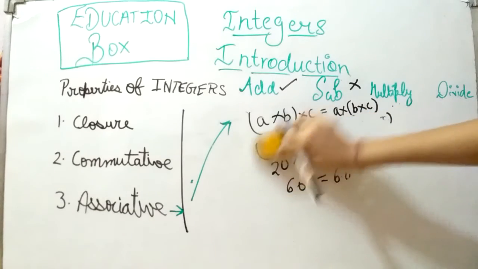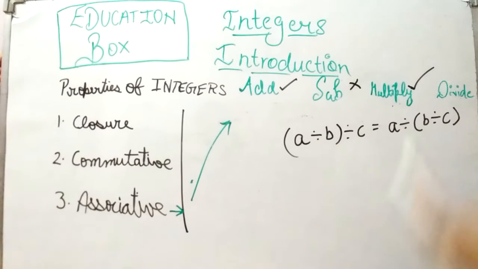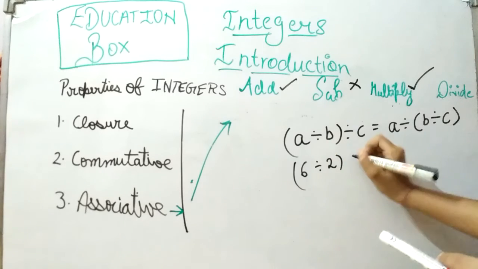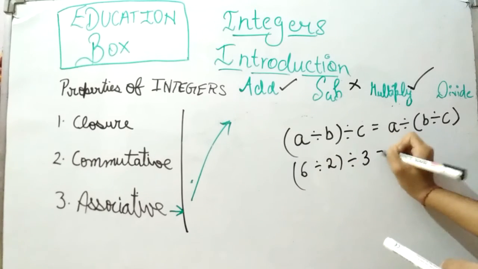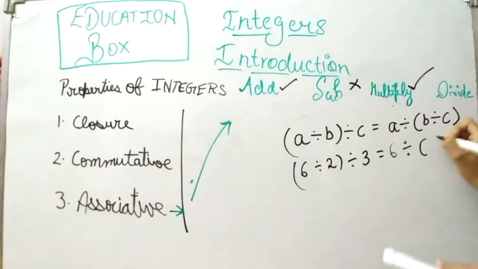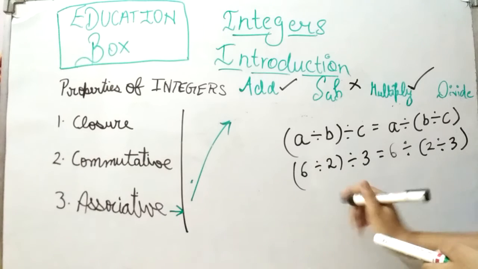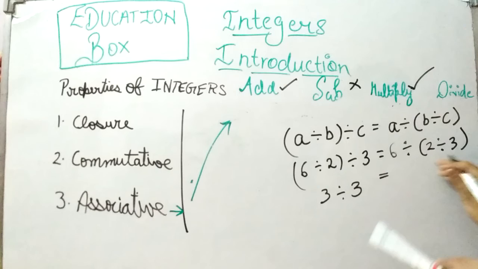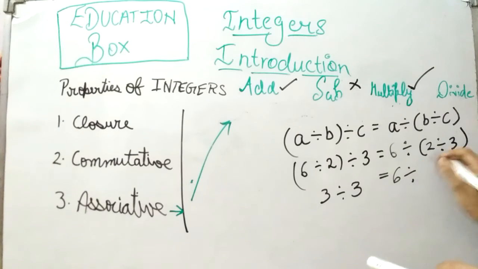Now let's check associative property in division. Take the value of A as 6, B as 2 and C as 3. Now 6 divided by 2 is equal to 3, and if we divide 3 by 3, our answer is 1. On the other side, 6 divided by, if we divide 2 by 3, our answer will be 2 upon 3.